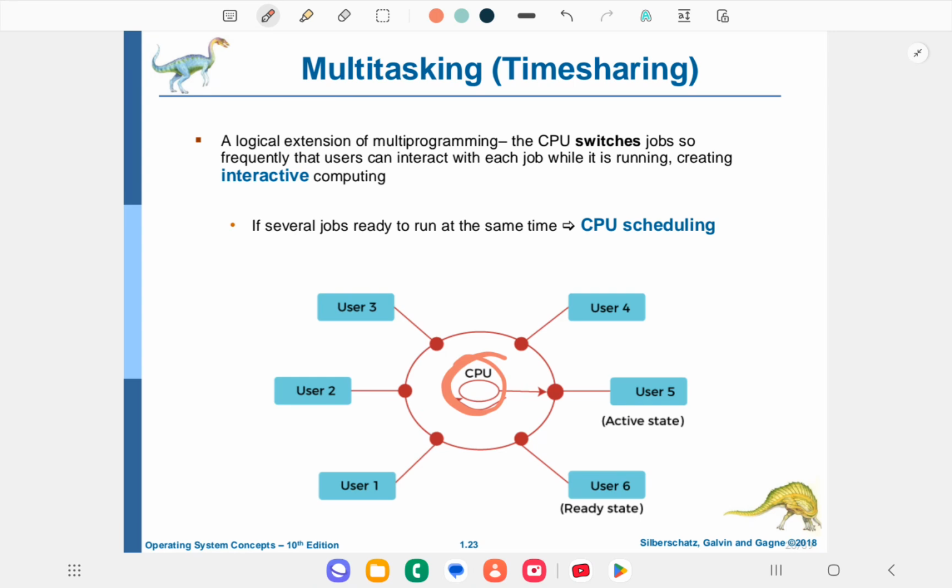The CPU switches between different tasks or jobs, or what we will call later processes, very fast, which gives the illusion to the user that these tasks are executed in parallel. So we're trying to achieve parallel execution instead of sequential execution by rapidly switching between the different jobs or tasks that the CPU has to execute.